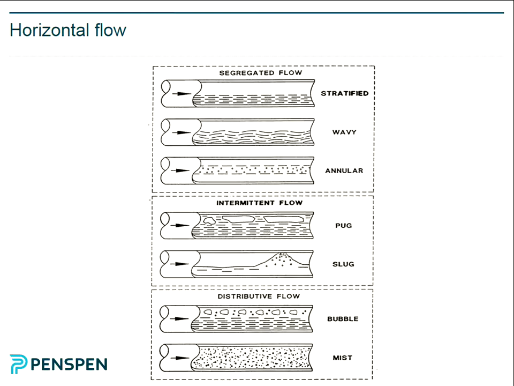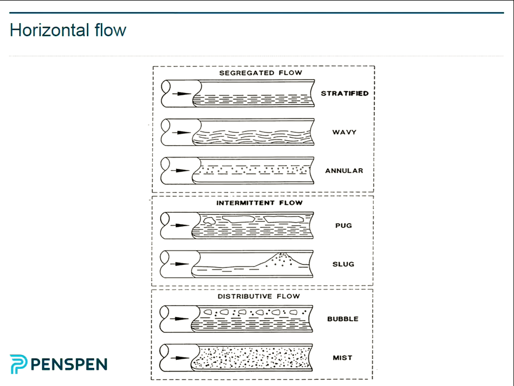And it's quite possible that you can go from one to the other. In fact, if you play around with it, you can get in a situation where the fluid comes out of the reservoir, gas comes out of solution, and you get segregated flow, stratified. Pressure reduces, you get further gas coming out, and it becomes wavy.